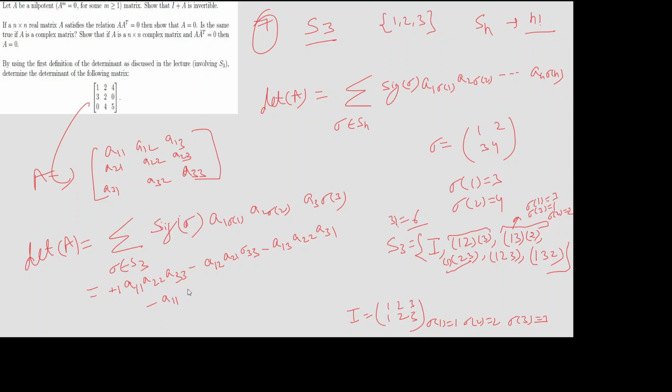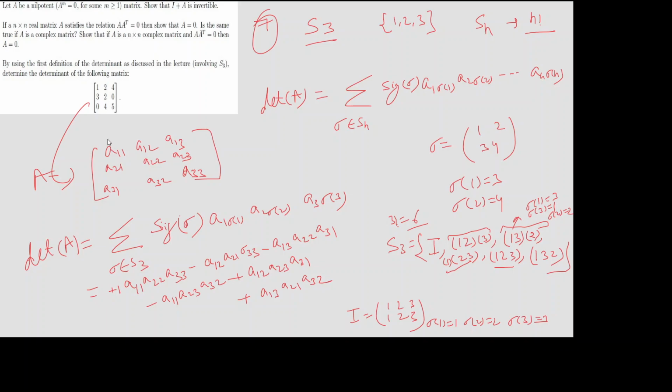And minus A1 1, A2 3, A3 2. For this, an even permutation, we can write it as a product of two transpositions, so plus A1 2, A2 3, A3 1, and for the last one we have A13, A21, A32.